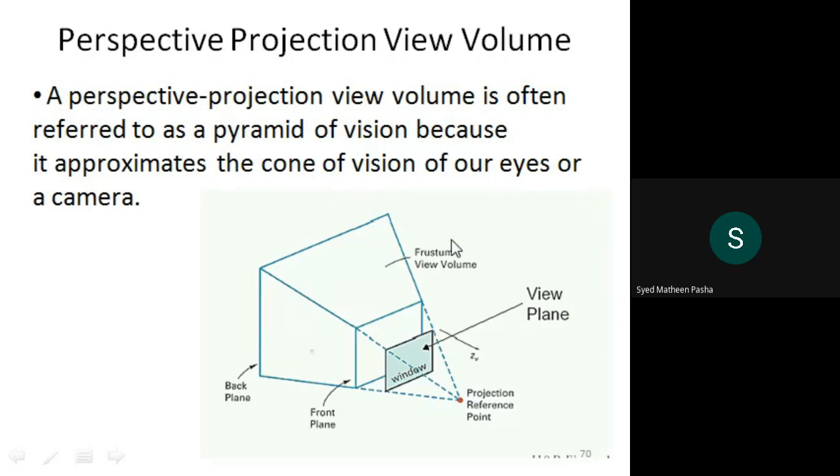As I told, the viewing plane is dependent on the viewer. It should view with respect to some projection points. Check out the reference point here. There is an initial point. This looks like a pyramid, right, with the help of which a view plane is generated with respect to different planes. Simultaneously, you can check out here the front plane, back plane, as well as view volume with respect to perspective projection.